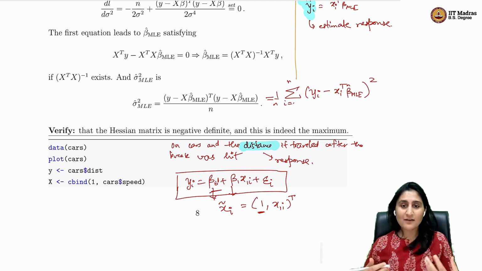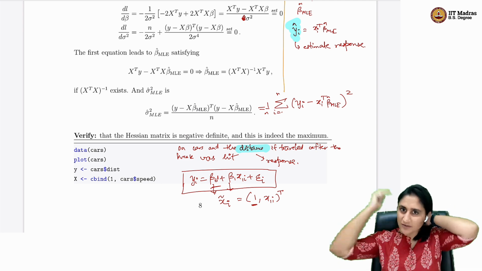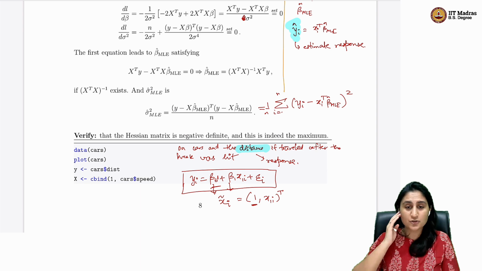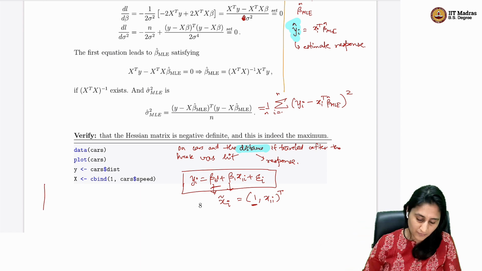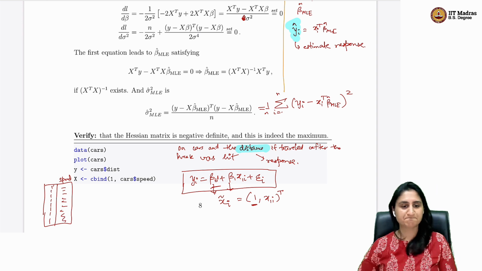Which means that whenever I have an intercept in the model, then the first column of that matrix X should be a vector of ones, a column of ones, right? So X over here is going to be two-dimensional, where I have 1, 1, 1, 1, 1, and over here is going to be the speed observed for each of those observations.